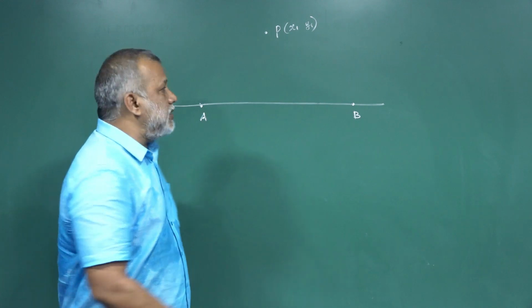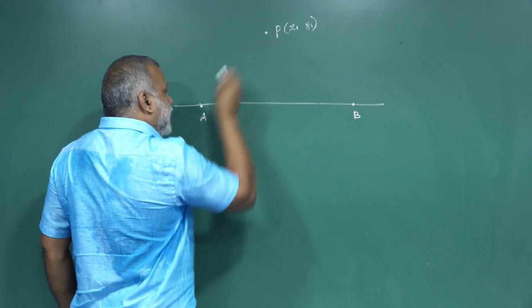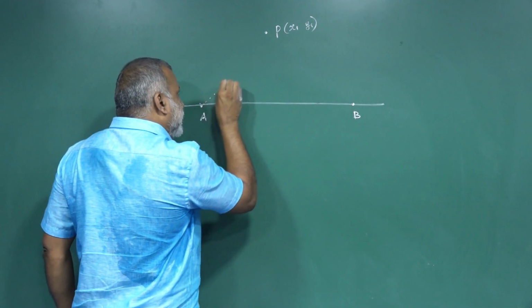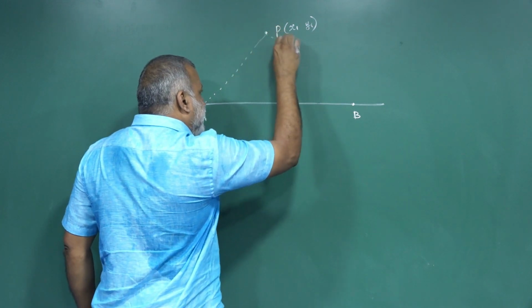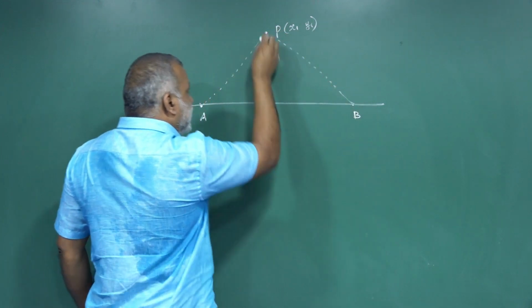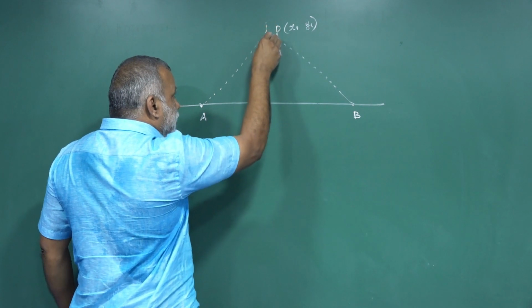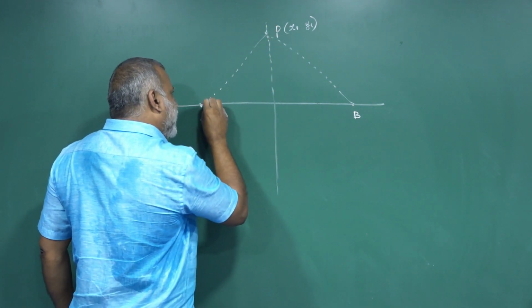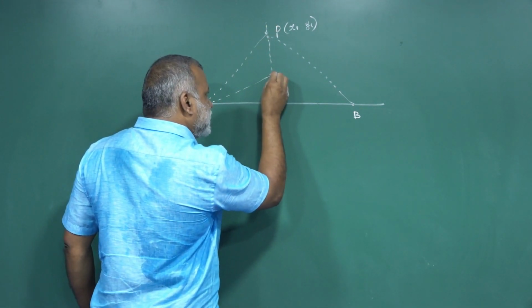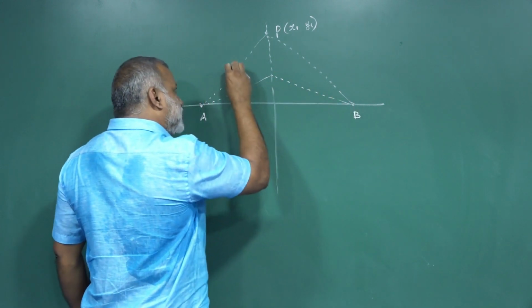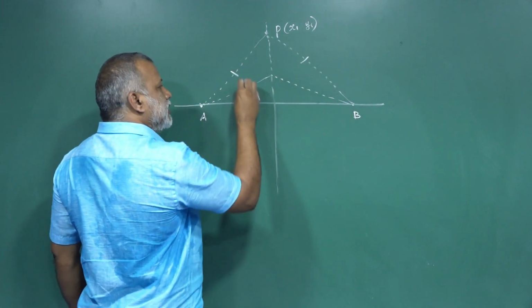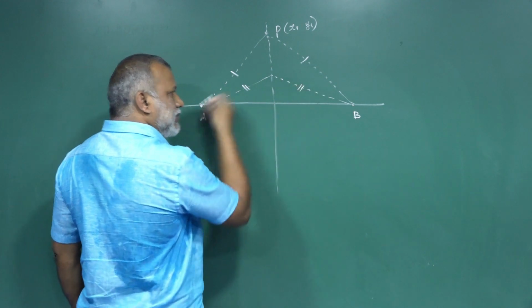The condition is that the point P is equidistant, always maintaining equidistance. For example, this distance must be equal to this, and again this is equal to this one, like this.